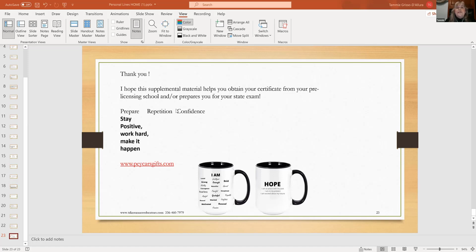I want to encourage you, this is the motto in my school, whether you're taking the pre-licensing from me or whether you did the supplemental material, the key is to prepare, and repetition is so important. Repeat, repeat, repeat, and this will give you confidence. So stay positive, work hard, make it happen. All right, so we will go to our next supplemental material, and I will see you over there.